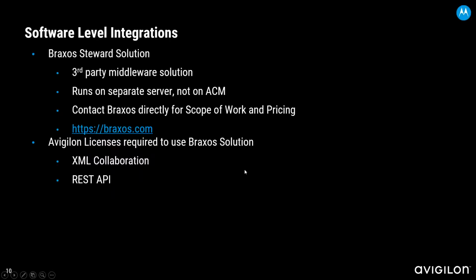They can work with visitor management systems too, so keep that in mind. It's not just an integration with access control. It could be an integration with a visitor management system where a visitor shows up, you need to put them in the system and give them a card or a PIN number that will allow them to use the elevator. So keep that in mind. Certainly reach out to Braxos if you have a solution where you need them.